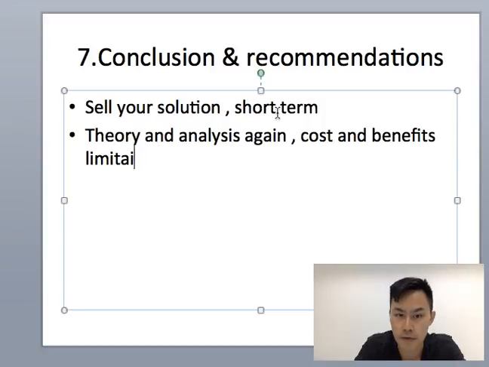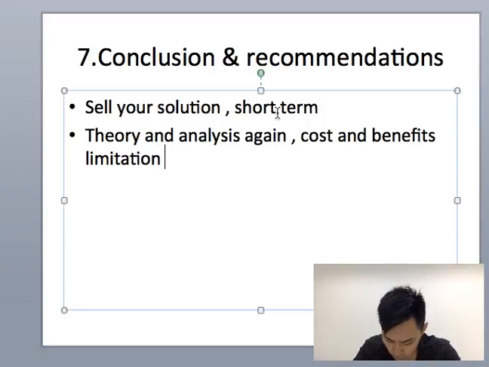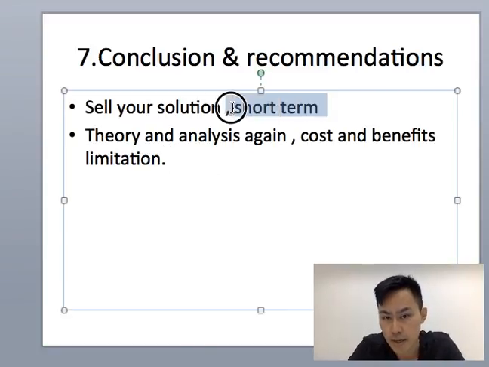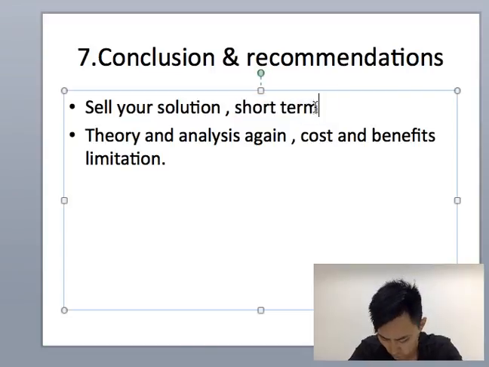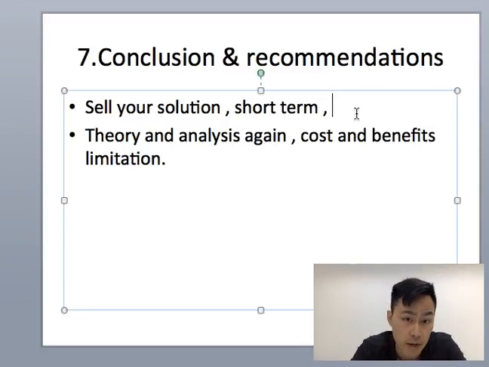Limitation of the analysis. So for example, the way that we mentioned is short term, and one more thing that you can mention is that even if you offer a discount, the customer cannot pay you back because they really have a cash problem, okay? So you can also mention that in your conclusion and recommendation.